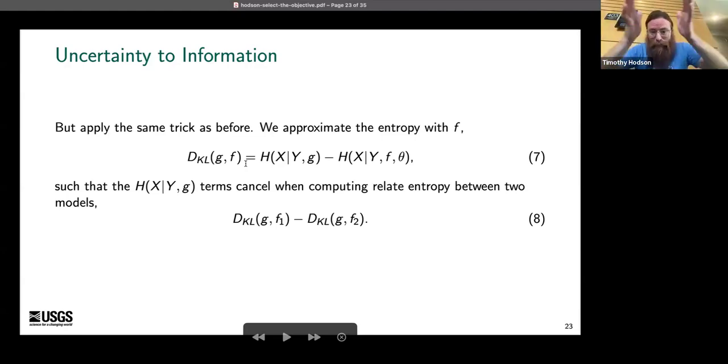As long as we're looking at these models relatively, that H of X given Y and g cancels out. The truth cancels out, and we're able to make inferences with our imperfect model.